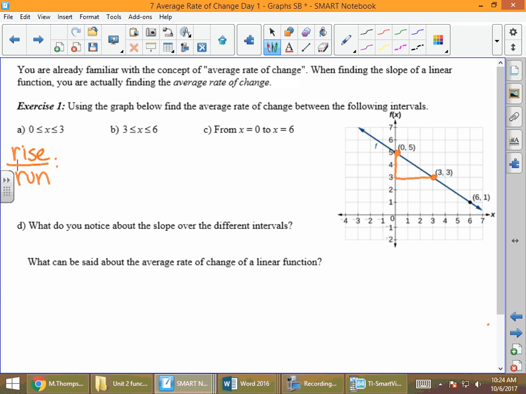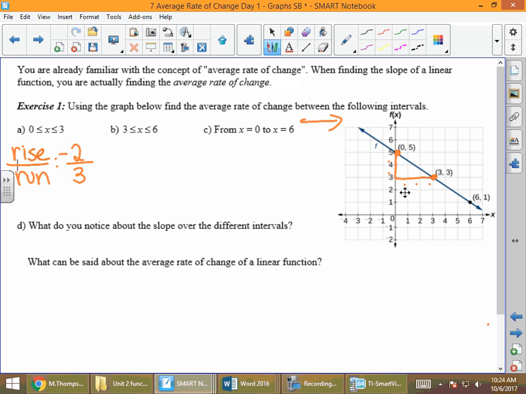We're going to go down 2, and then we're going to go right 1, 2, 3. So down 2 over 3. But how do we represent down? Negative. So it's negative 2 over 3. Just a reminder, as we're coming from the left, if our line slants downhill, then it is going to have a negative slope.